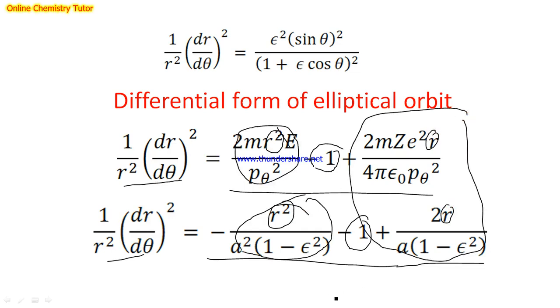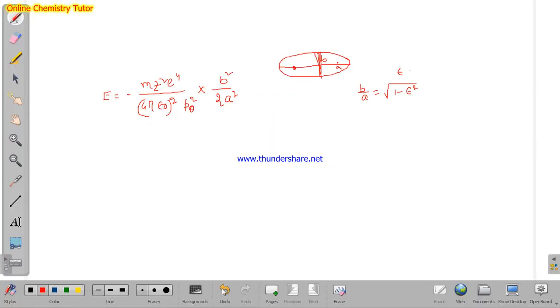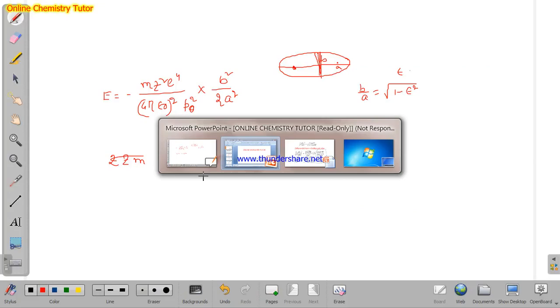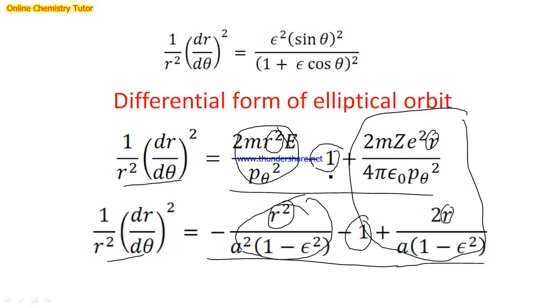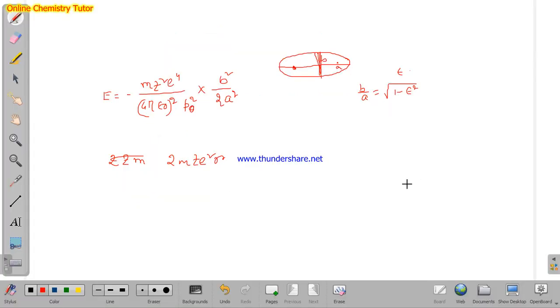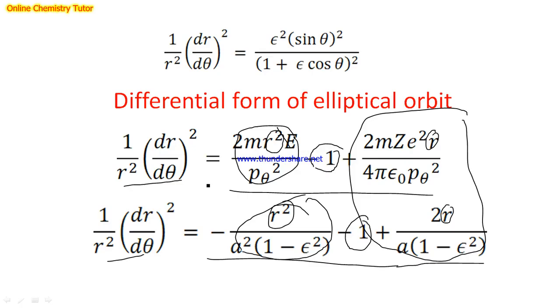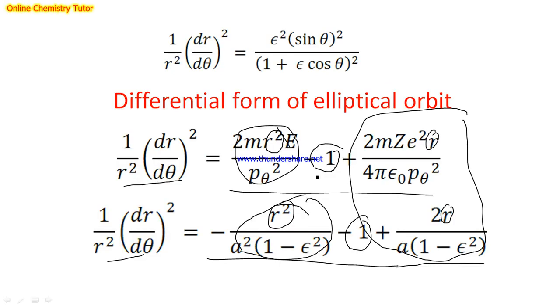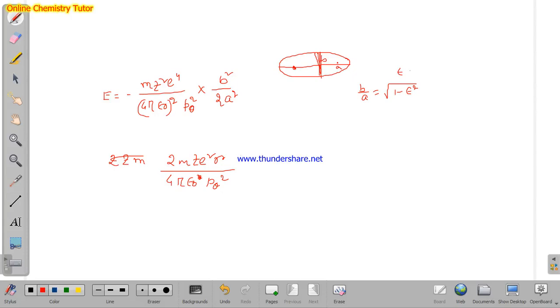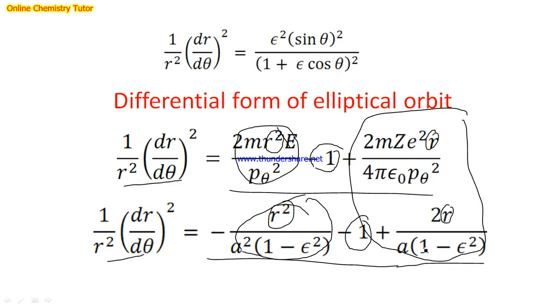While we equate these two, we get the relation 2 m z square r by 4 pi epsilon naught p theta square equal to 2r by (1 minus epsilon square).